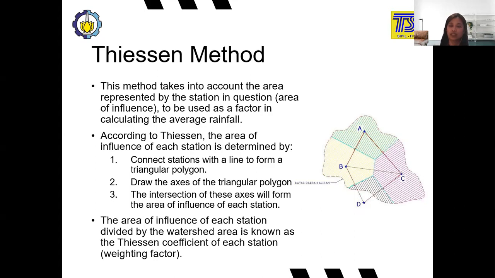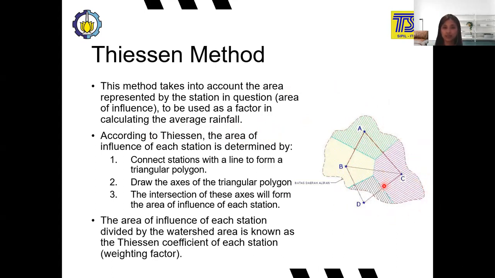So this method takes into account the area represented by the station in question, or area of influence, to be used as a factor in calculating the average rainfall. For example, here we have a different picture than before. Here we have four stations in one watershed.